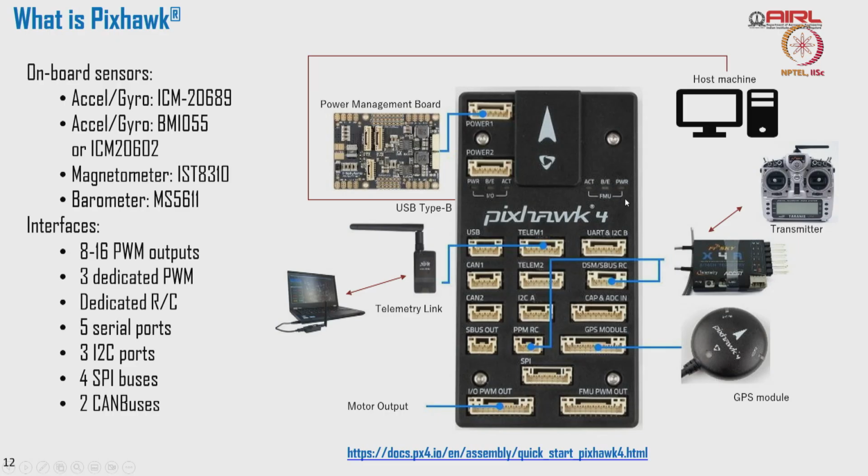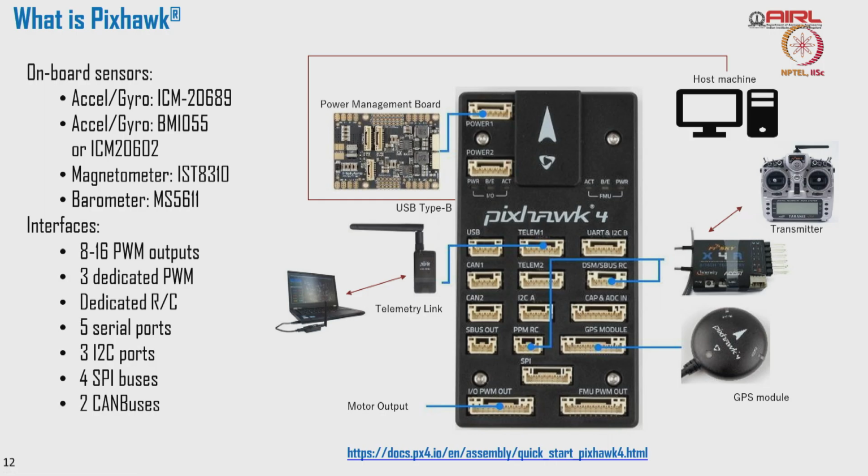Now, we talked about Pixhawk in detail, flight control system architecture in detail in the previous module. Pixhawk is very commonly used open source flight control hardware. I have taken this for the discussion in the course.